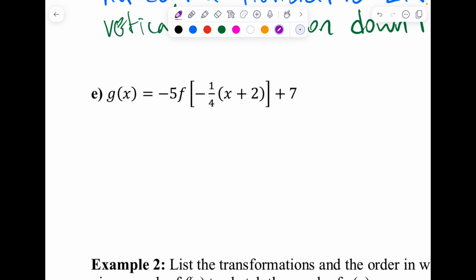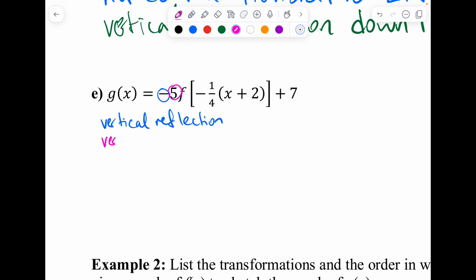Let's look at this last one. Okay, so first, there's a negative here. That means that there is a vertical reflection. Okay? Next thing, the function's being multiplied by 5. So the function's being multiplied, that means it's vertical.